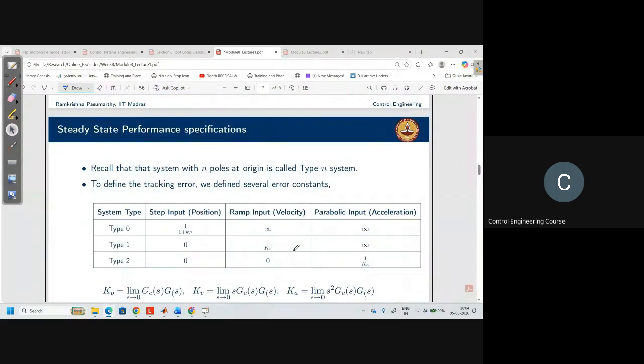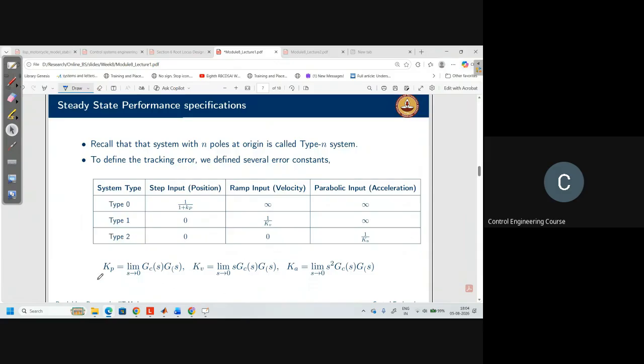For steady state response, it is usually given in terms of the steady state error constants Kp, Kv, Ka, then you will find out the type or order of the system. This is basically when you are going to use the integrator, right? That integrator makes the steady state error zero. So when you are going for a lag compensator, that time you will be dealing with these steady state errors.